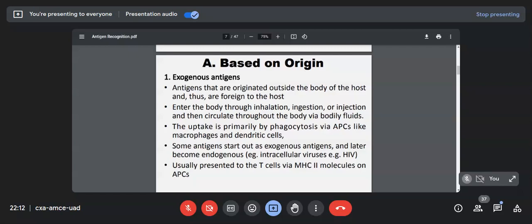After ingesting it, they present it on their structure. When they present it, they go and show the T cells. That's when we get to talk about what we call an immune response. Have you gotten that point? Have you gotten that scenario?